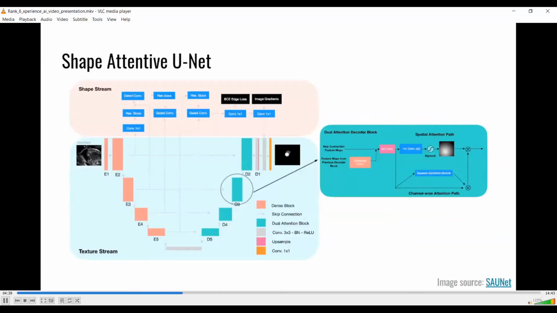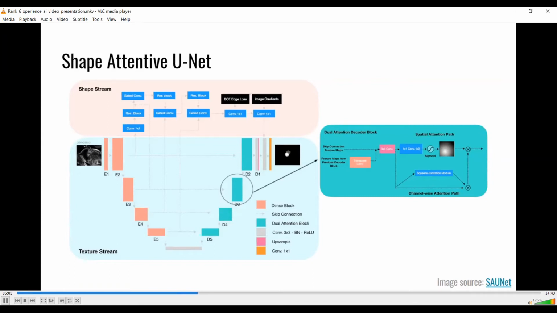Also, we tried novel shape attentive UNet. Actually, it is a combination of 2 streams, the texture and the gated shape stream. The core idea is to utilize feature representations of objects for additional predictions of shapes and borders of the cells. The texture stream actually is a simple UNet with DenseNet 121 as encoder.